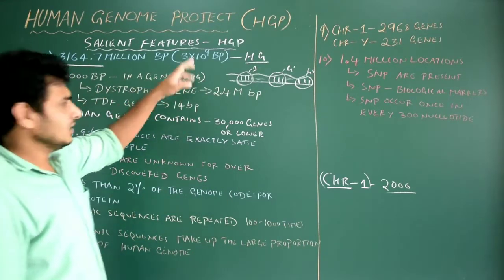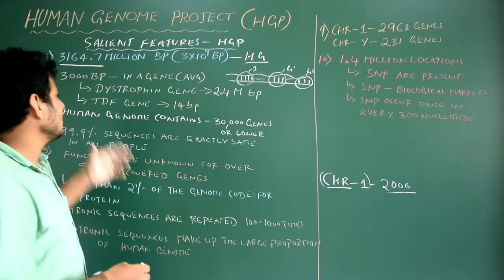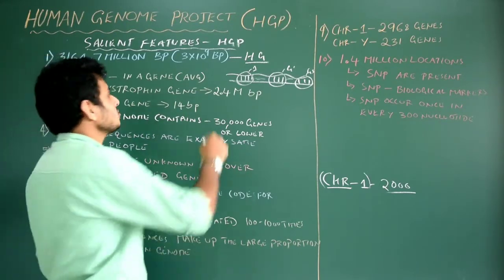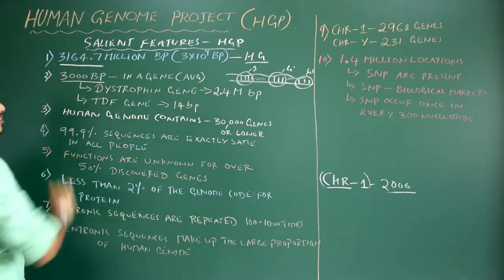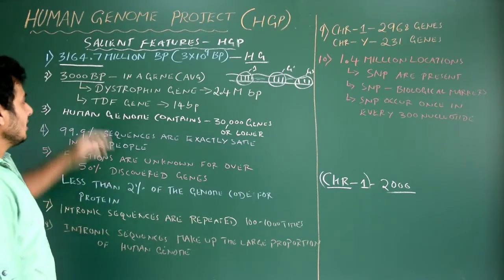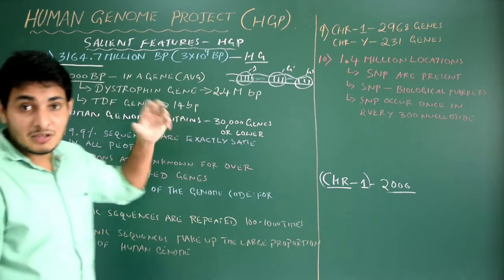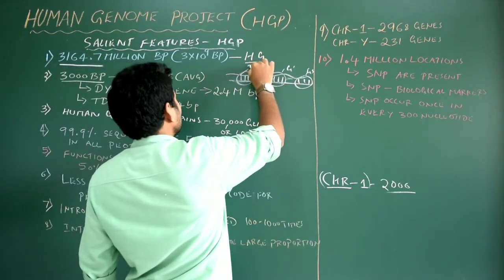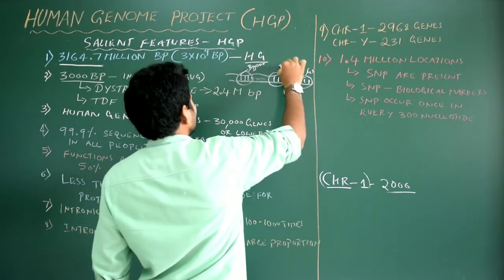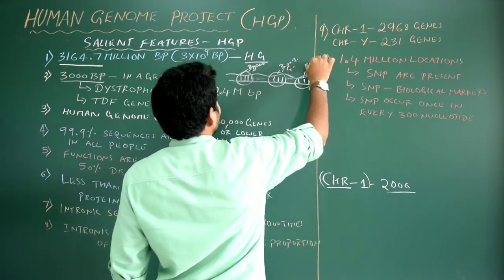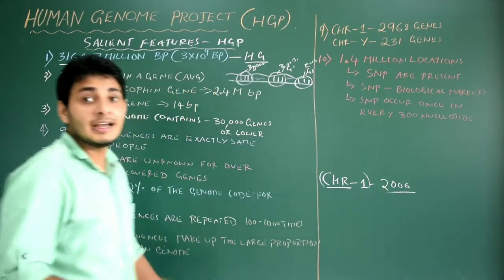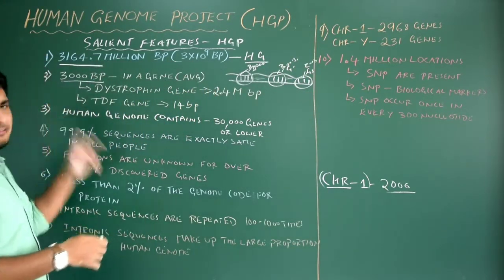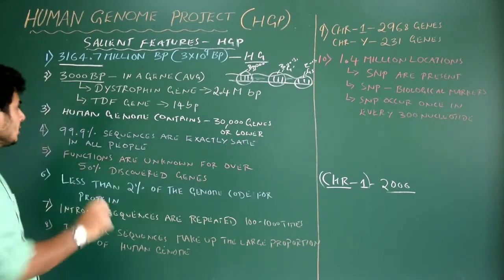On an average, each gene contains how many base pairs? 3000 base pairs are present in each gene. Normally the base pairs vary from gene to gene. For example, if this has 4000 base pairs, this 3000, this may contain 2000 base pairs. It varies from gene to gene, but on an average it is 3000 base pairs in one gene.